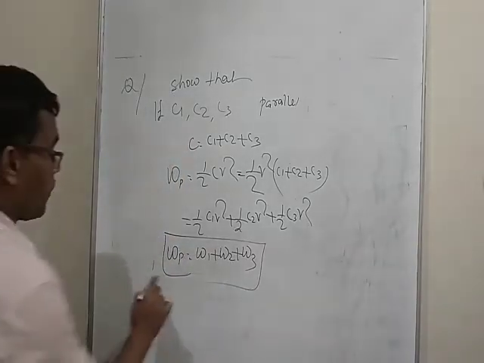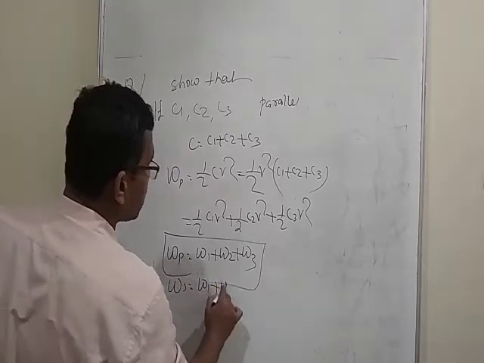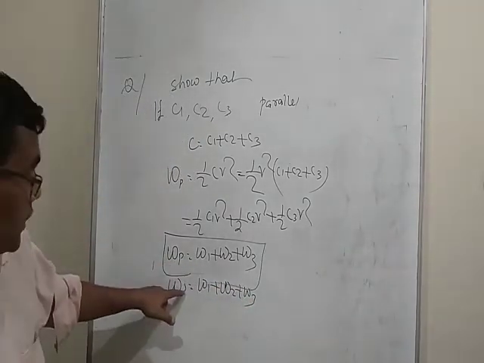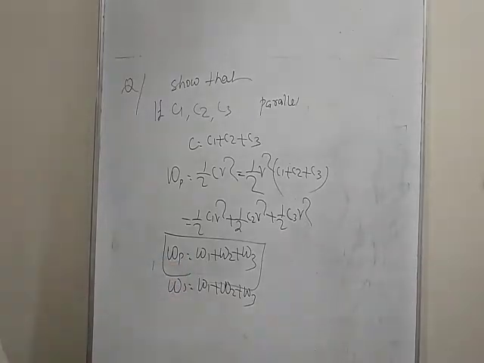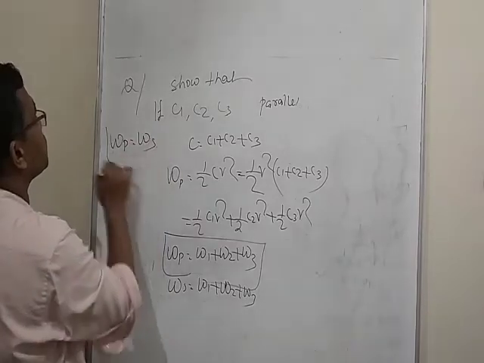Then work done in series is equal to W1 plus W2 plus W3. Then work done in series equal to work done in parallel. So W parallel is equal to W series, proved.